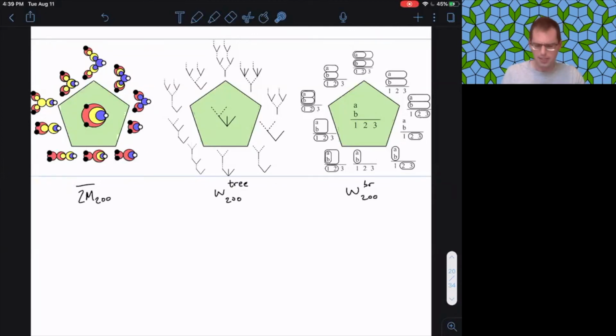I don't have time to get into these presentations, but the point is that we have two combinatorial presentations that one can manipulate pretty well.